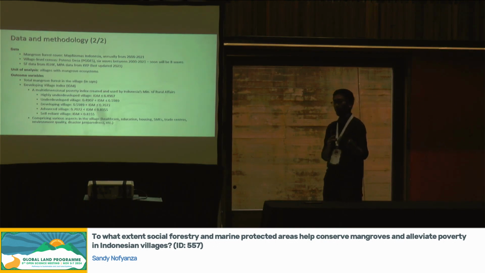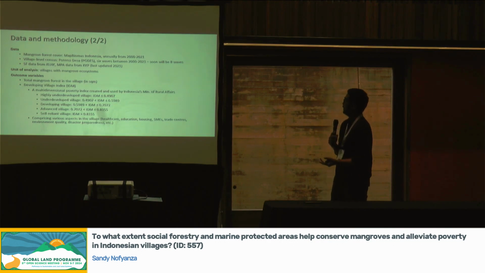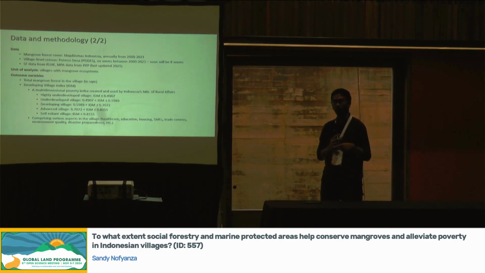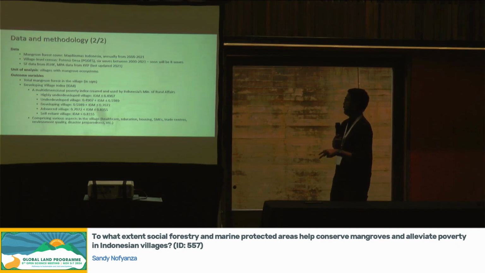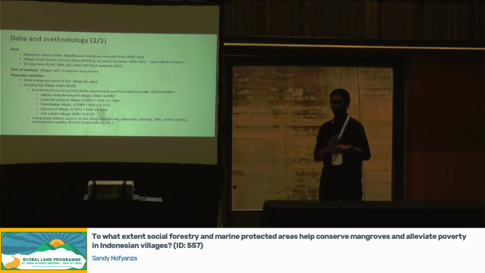And then for the poverty data, I'm using data from the statistics agency called PODES. PODES data is released every 3 years. Now I'm using 6 waves, but I will use 8 waves in the future. So the data is between 2000 and 2021.